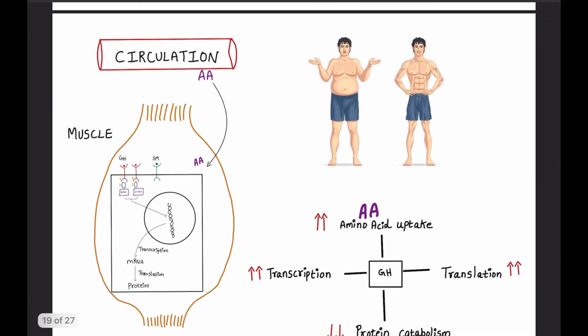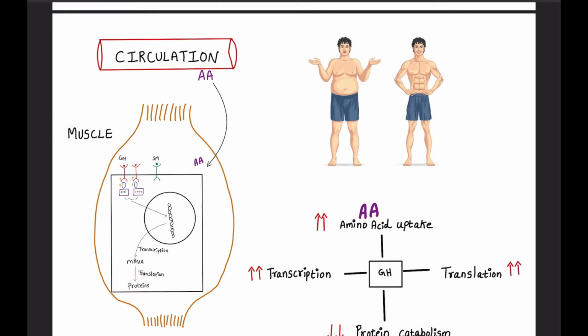Whenever there is increase in the growth hormone, there will be increase in the process of transcription, translation, which leads to increase in the protein synthesis. And also know that there will be increase in the uptake of amino acids from the circulation to the muscle tissue cell. So the usage of proteins by the muscles is now decreased.